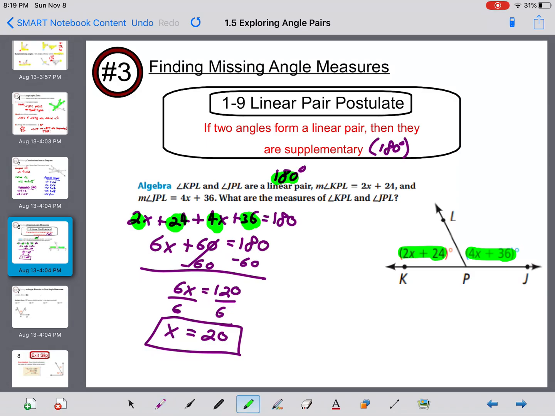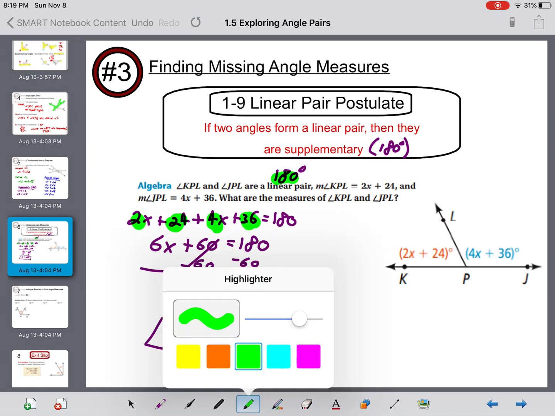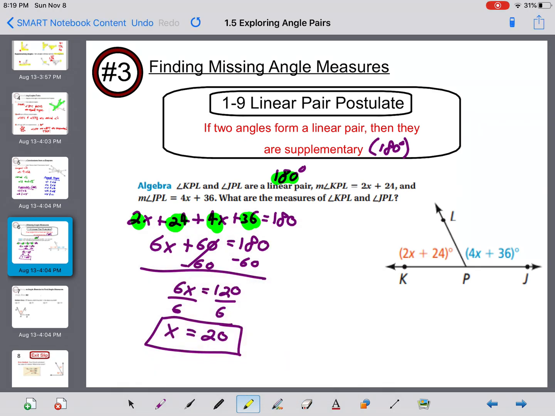Now I can take this value of 20 and plug it back in for x. If x equals 20, I can now plug in for x into both of these angles and figure out their measure.